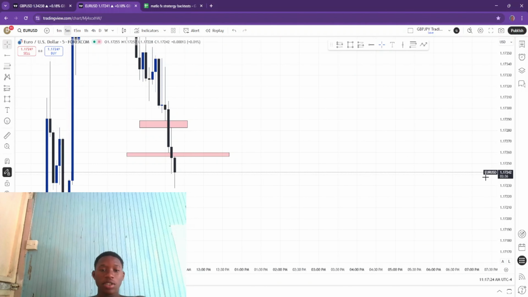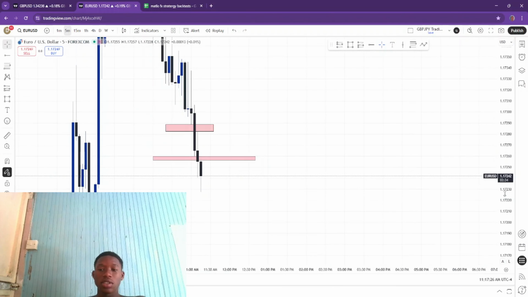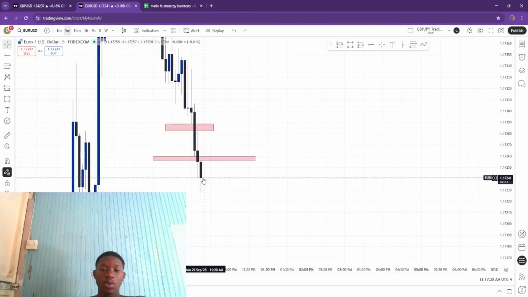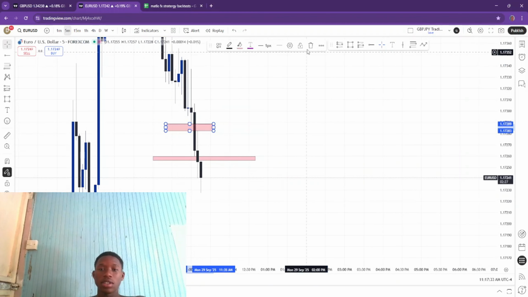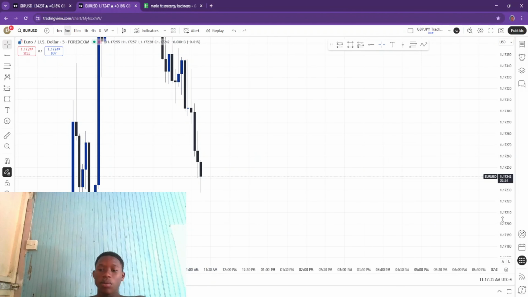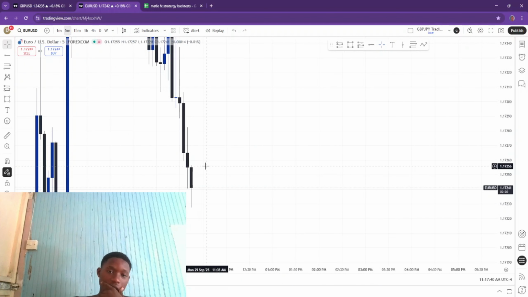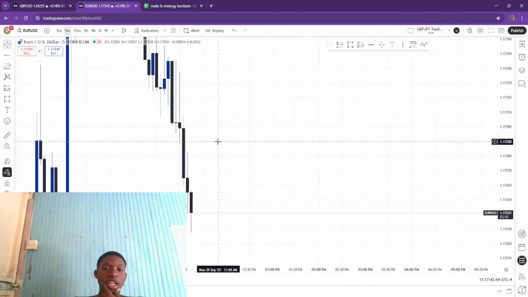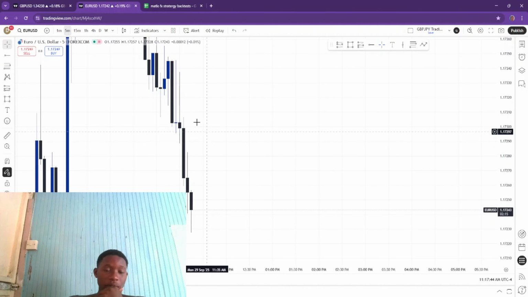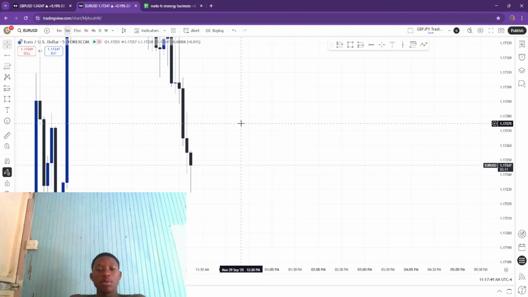We just need price to close as a bullish candle and not hit that FVG. That will leave two untouched FVGs, leaving a very A plus setup for us. So that's what we're waiting for. But I do think it's going to touch that FVG at the bottom. So I think it's going to invalidate the trade.